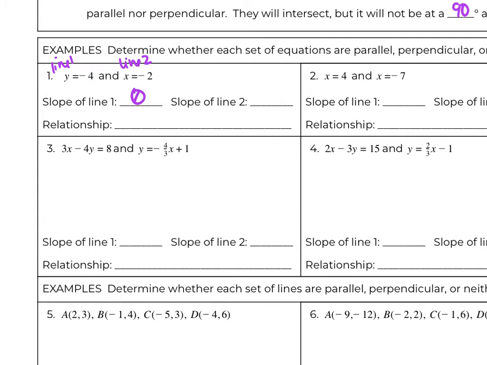Okay, and the x equals line has a slope of what? Undefined. So those don't really have numbers on that, right? So you just got to kind of think visually here. If it's a 0 slope and an undefined slope, are those parallel or perpendicular? Perpendicular. Okay, so those are the only ones that aren't going to have a number flip going on, okay?